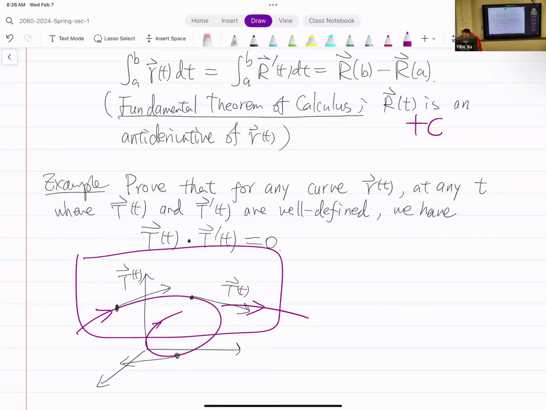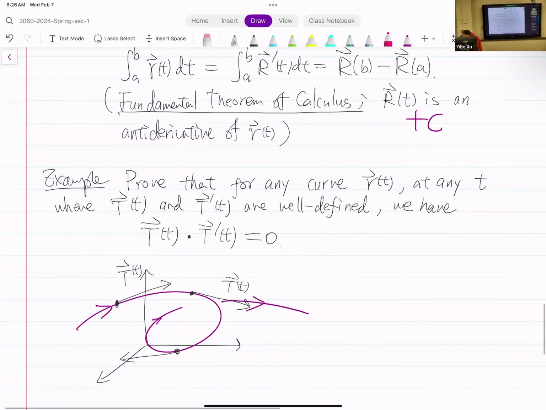But here we're just trying to prove that the instantaneous rate of change for this black vector is exactly the red vector that's perpendicular to the black one. That's T, and that's T prime.